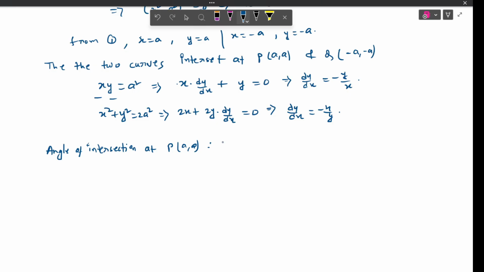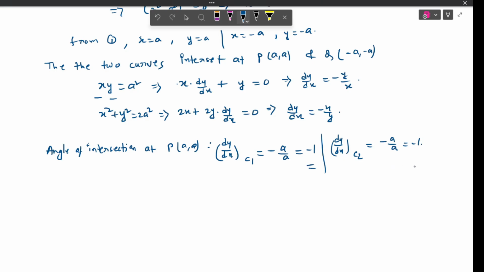So let us say slope at this point dy by dx for curve 1 would be, in place of y we have to put a, and in place of x we have to put a. So this is minus a by a. This is minus 1. And from this equation 2 we will get dy by dx at C2, it would be minus a by a, that is minus 1.